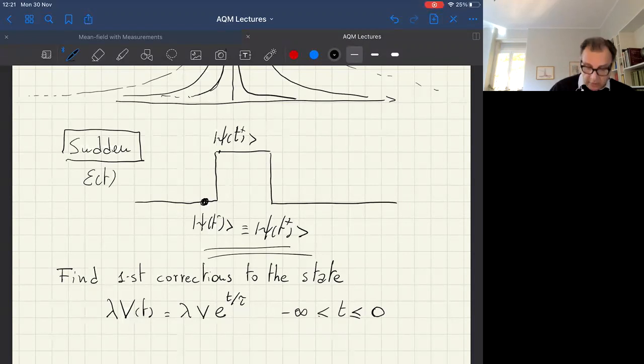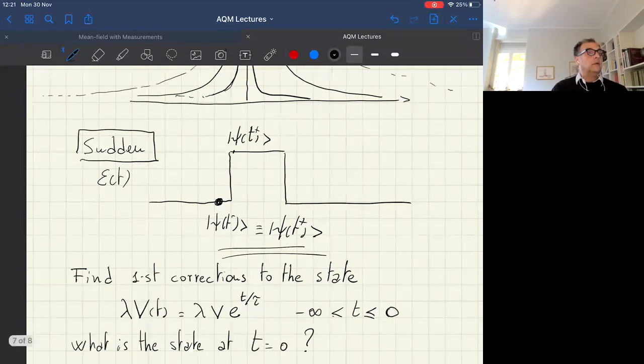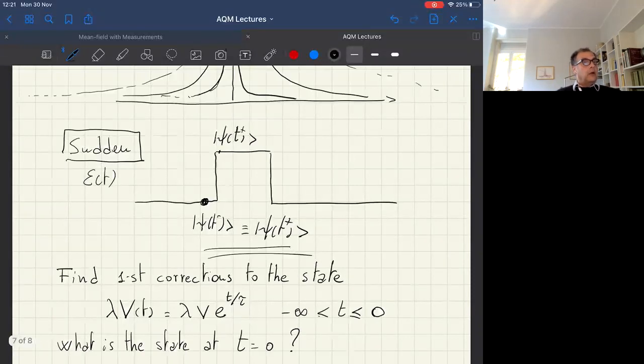I would like to know what is the state at t equals 0.